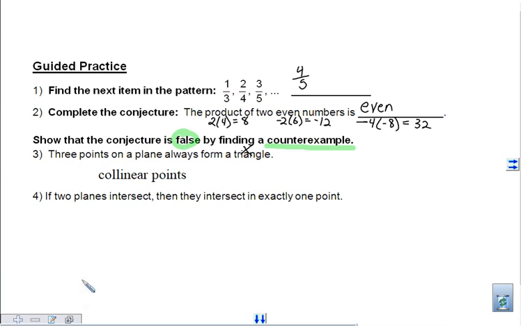triangle. The next one, if two planes intersect, so we want 2 planes intersecting, then they intersect in exactly 1 point. So we talked about this in Unit 1, Day 3. It was a postulate that we talked about that day. How do 2 planes intersect?